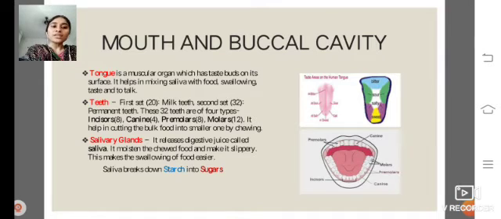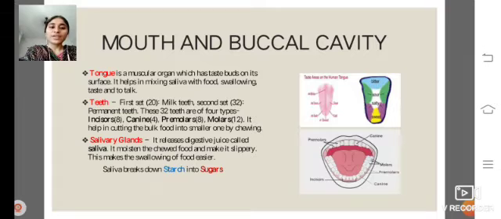These 32 teeth are of 4 types: incisors, canines, premolars and molars. Including upper jaw and lower jaw, incisors are 8 in number, canines 4, premolars 8, molars 12. Basically, teeth help in cutting the chunks of food into smaller ones by chewing.